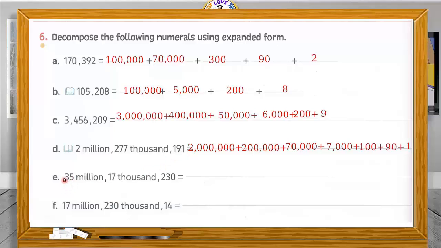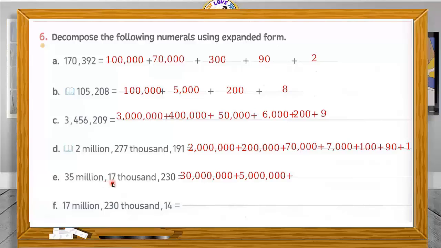Next number, we have 35 million. Take the number in the highest place, in 10 million. In 10 million, write 30 million, 7 zeros. In 1 million, we have 5, write 5 million.